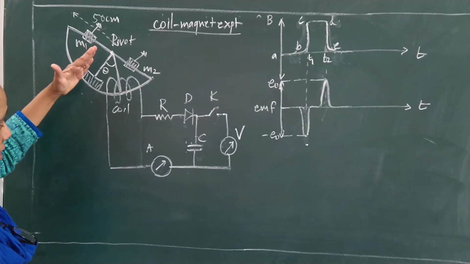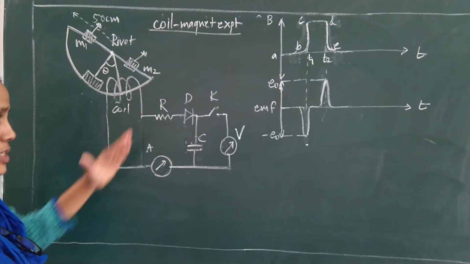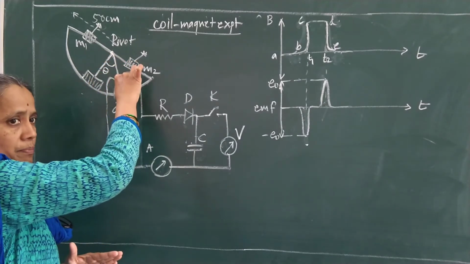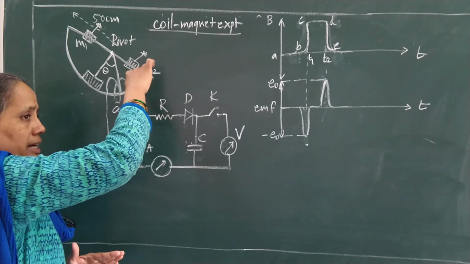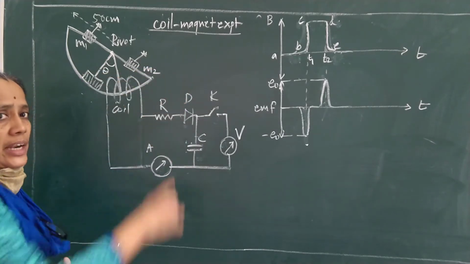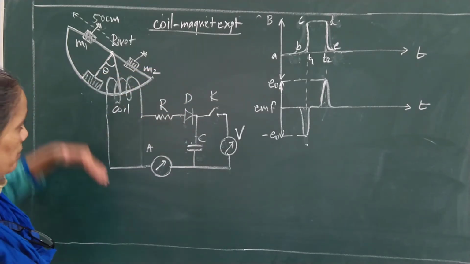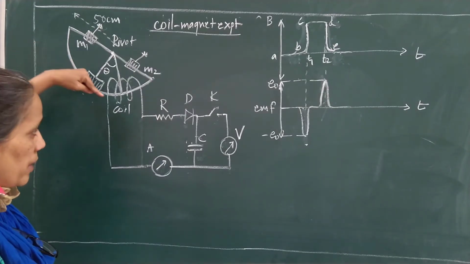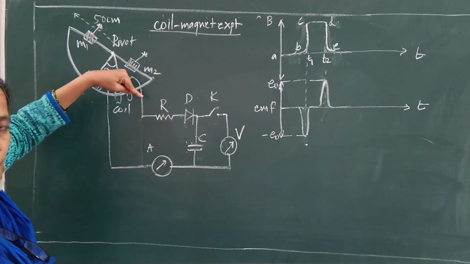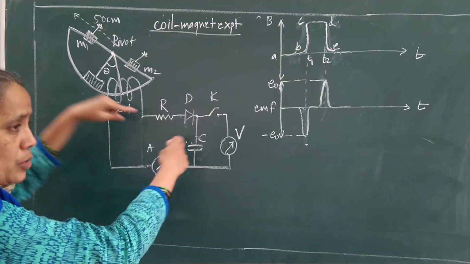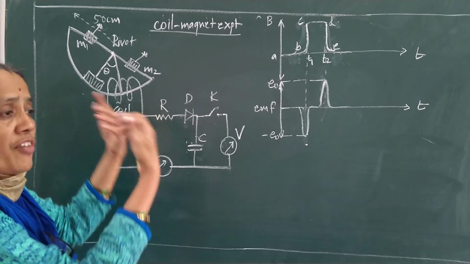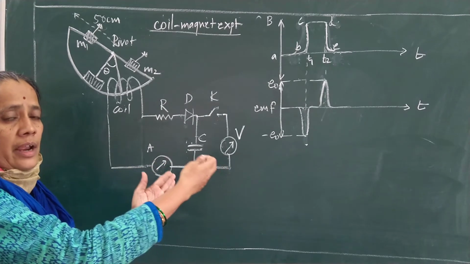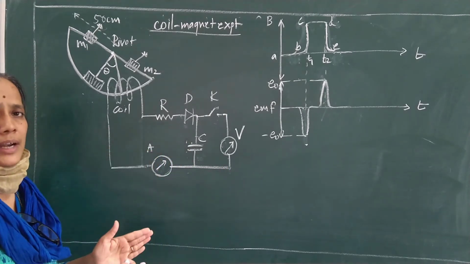But when this semicircular arch starts oscillating, the magnet comes inside the coil, and there is a change in magnetic flux. The magnet is rapidly coming towards the coil, so there is a faster change in the magnetic flux, and if the flux change is faster, the induced EMF will automatically be greater.